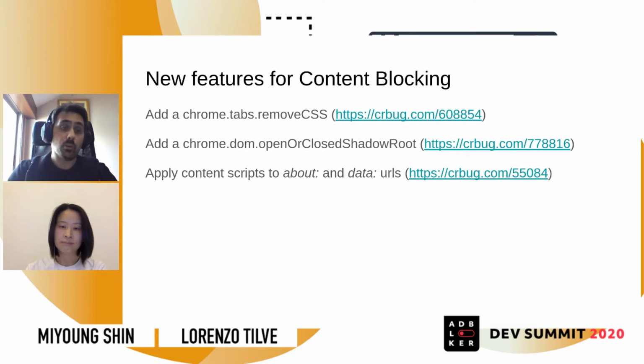And there are also other functionalities that are happening upstream, such as the capability of adding content scripts to about: and data URLs that has been merged quite recently by some work by Devlin, who is also here. And I also want to thank him for the work we are doing together in the community.